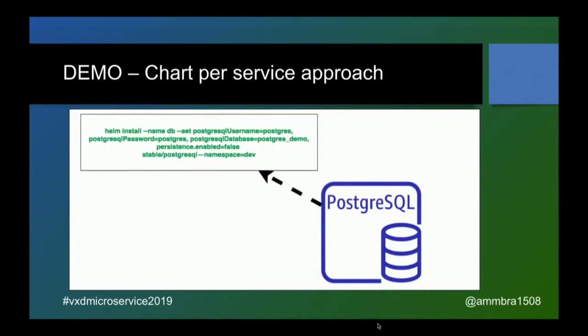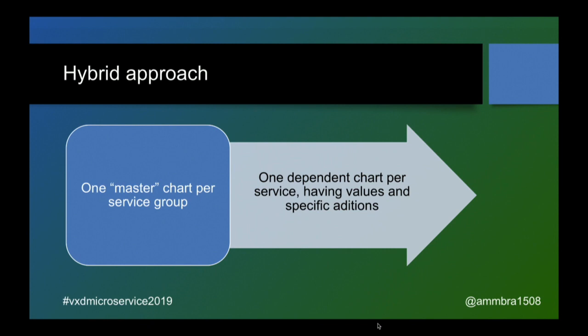Going back to the presentation. There's also a hybrid approach. If you have many microservices, there's a way that you can group them. You can create the hybrid approach and have one master chart per service group. You define your own groups for your microservices, and you use the master chart approach for that group only.